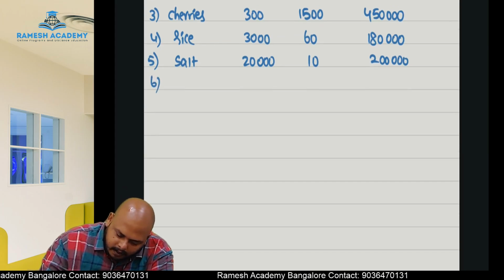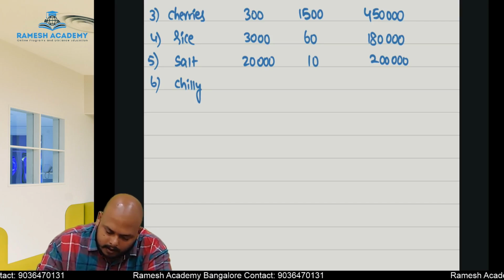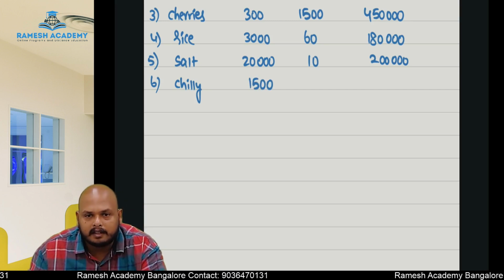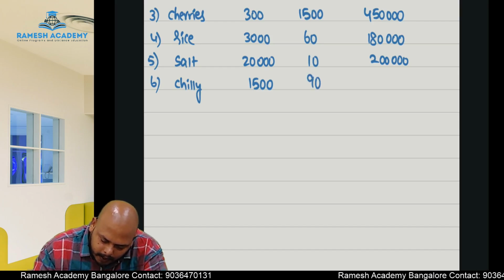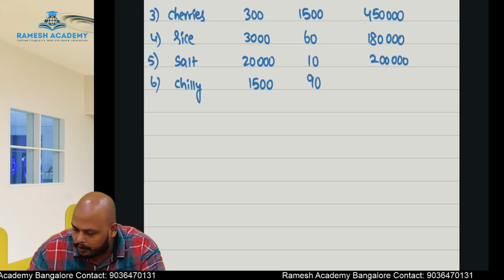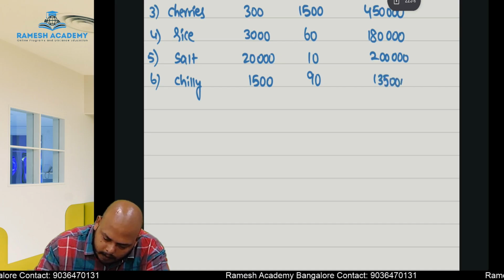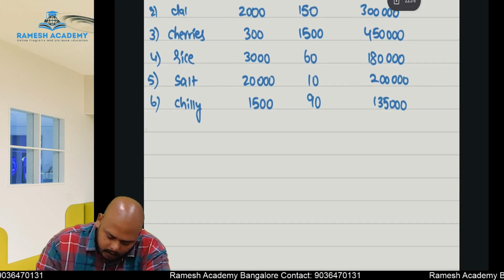Let us take an example of chili powder. We are having 1500 kgs. Price per kg, let us assume 90 rupees. 1500 into 90 is 1,35,000.